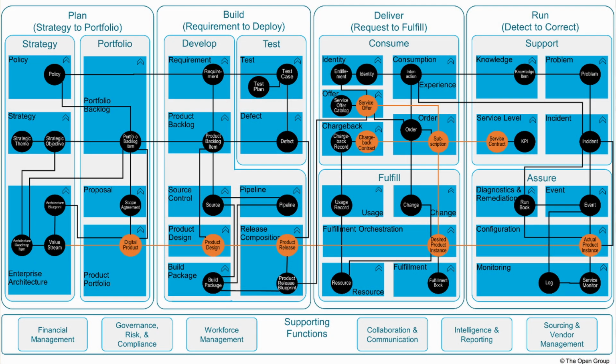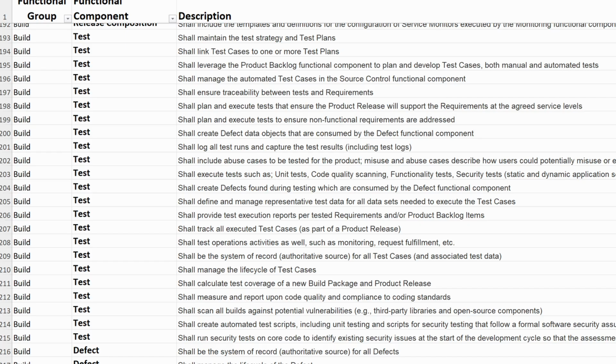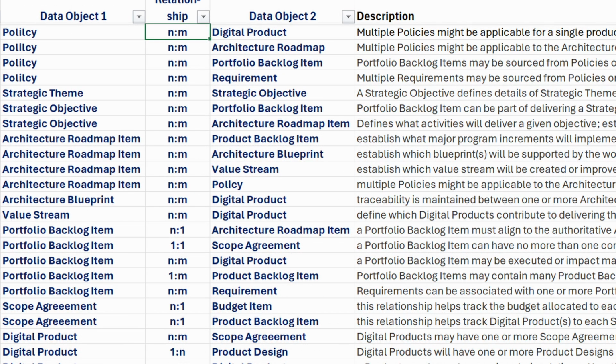We have data that is described that is essential to end-to-end transparent management of the IT landscape. But we also have detailed functional requirements for each of the functions, and we have detailed requirements against each of the data objects that tell us what is the minimum amount of information, because ultimately this is all about data. It's about operational data, about how do we do our work.